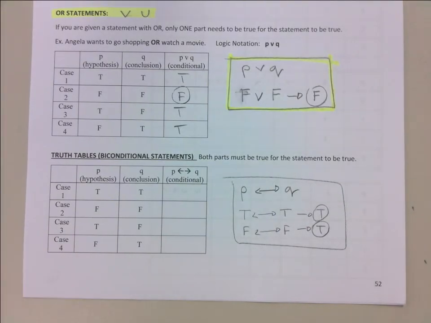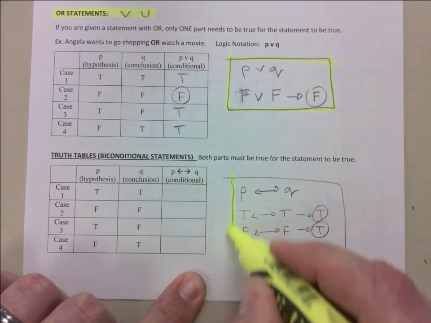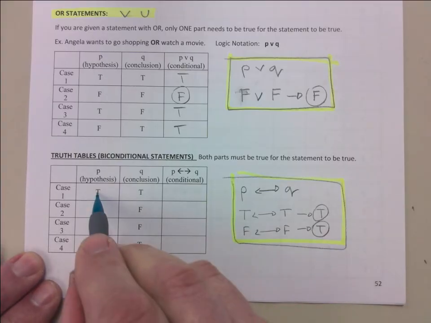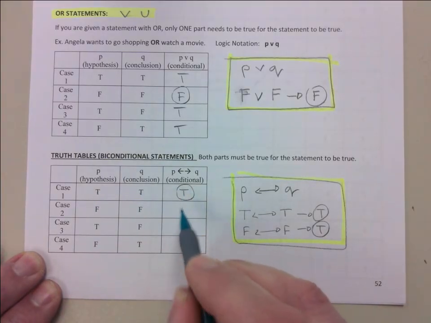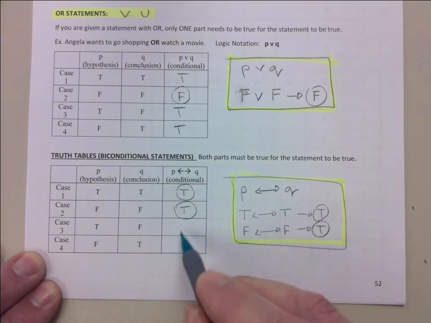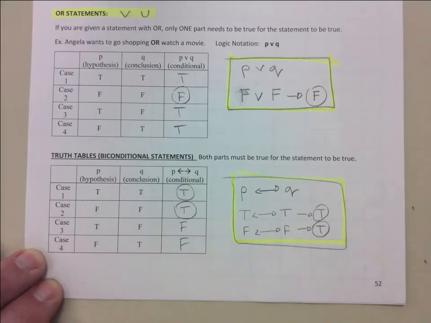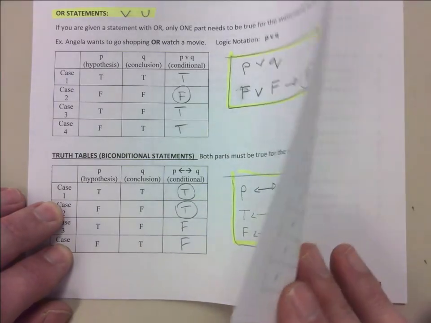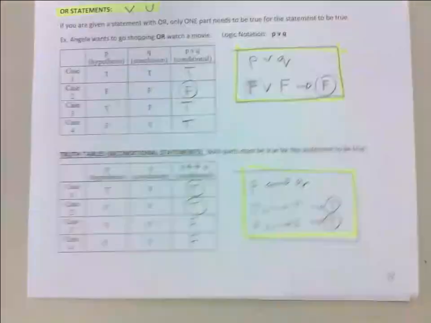Everything else is false. So watch this. We're going to go true, true is true. False, false is true. And the other ones are going to be the opposite. Okay? If you want to try this, try page 53 and 54.